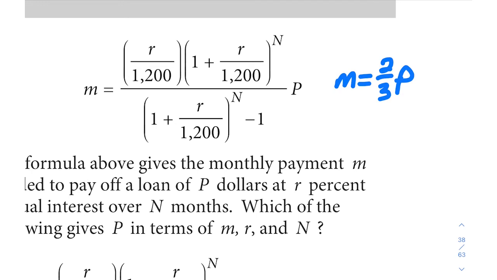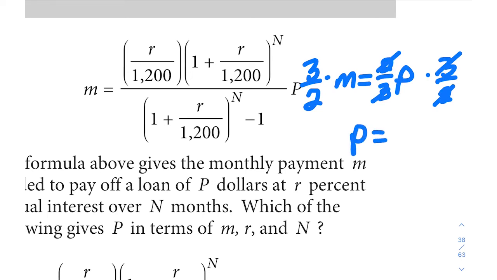So if you multiply both sides by the reciprocal, you can cancel out that fraction. And what you would be left with is that p would be equal to 3/2 m.